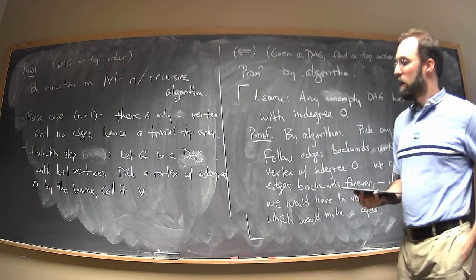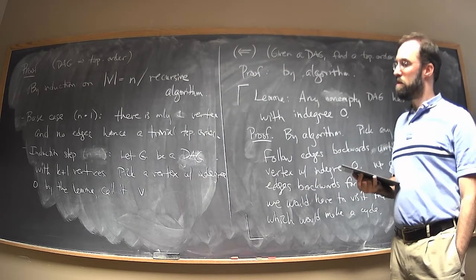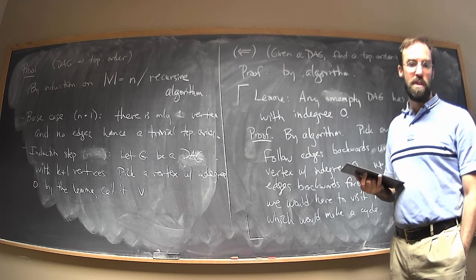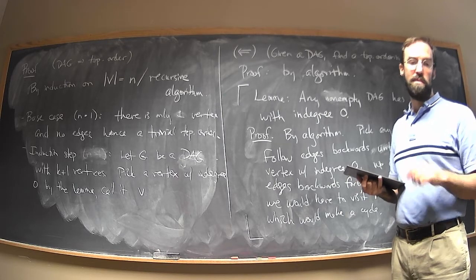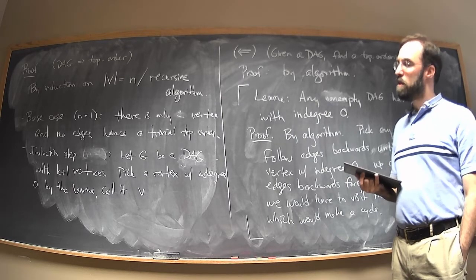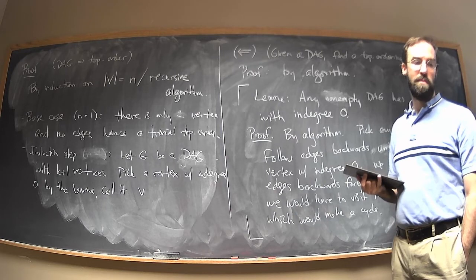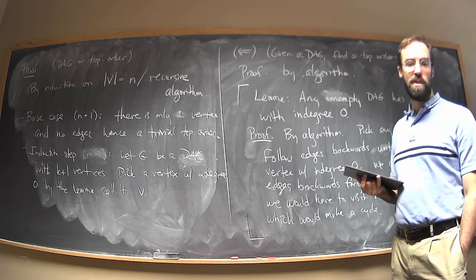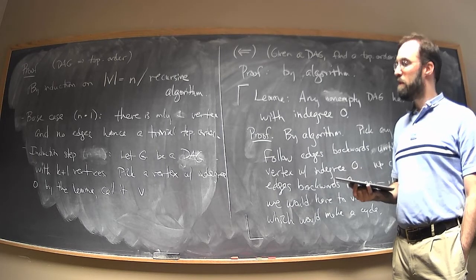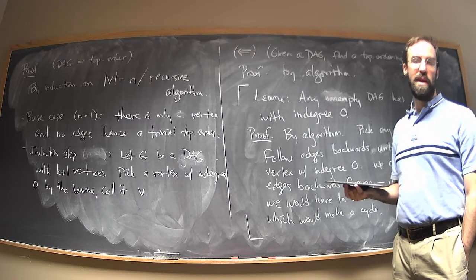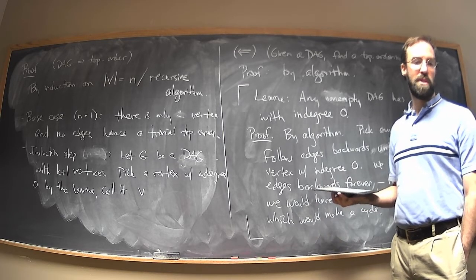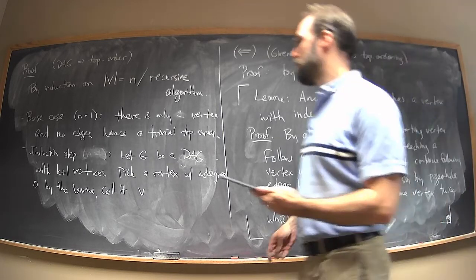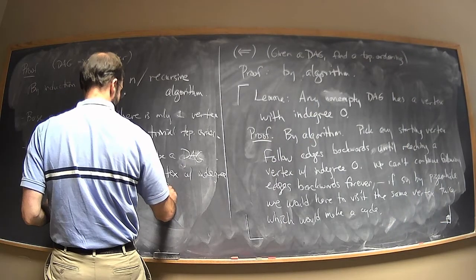Now if I remove that vertex from G, meaning I remove the vertex and any edges connected to it, I'm left with a graph that has only k vertices instead of k plus 1. Also, by removing a vertex and some edges, I can't possibly create any cycles. If there weren't any cycles in the first place and I remove stuff, then the resulting graph also can't possibly have any cycles.